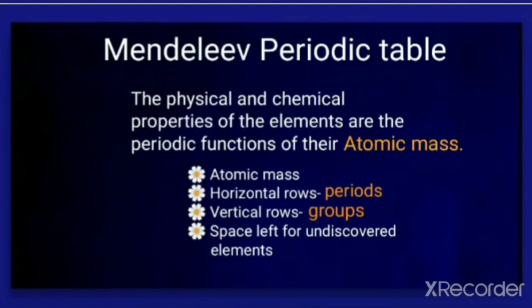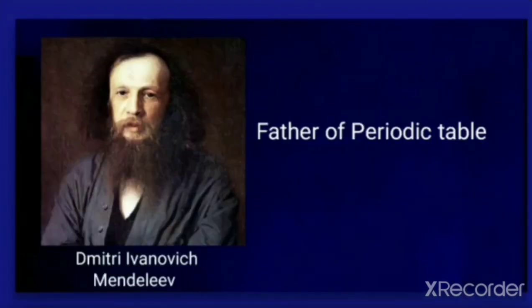These are the important points in Mendeleev's periodic table, and this is a remarkable periodic table which has given importance in developing the modern periodic table. Thus, Mendeleev is called the father of the periodic table.